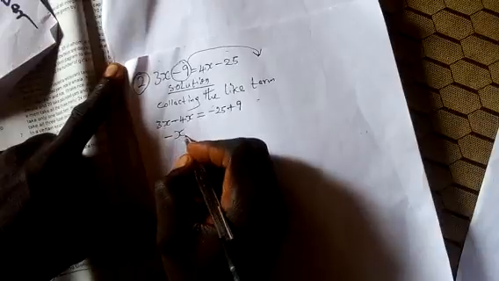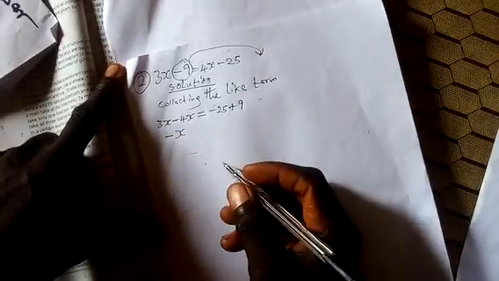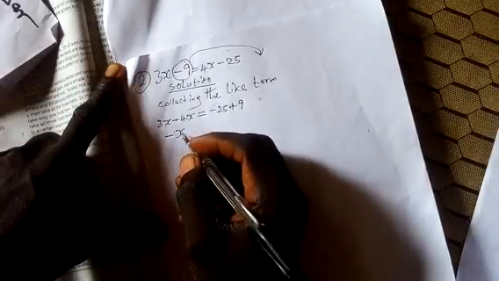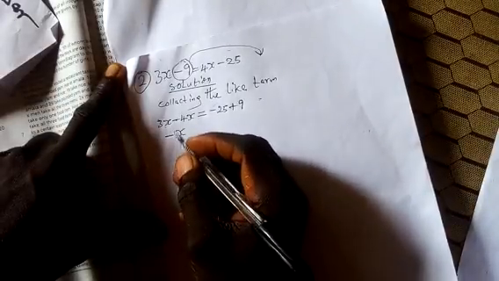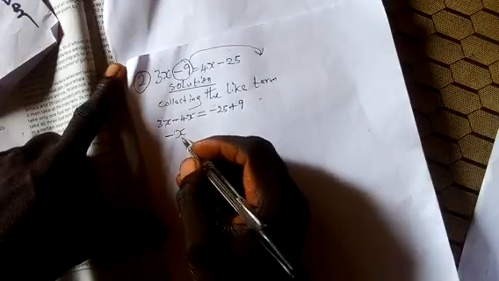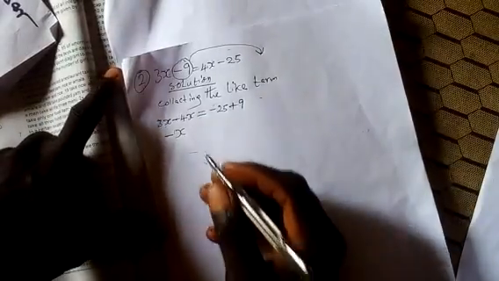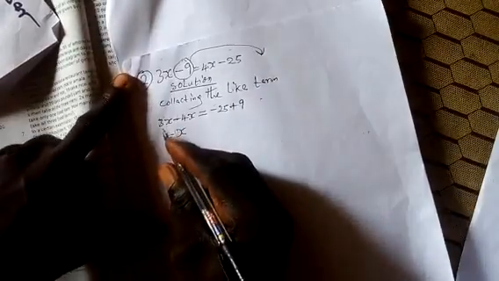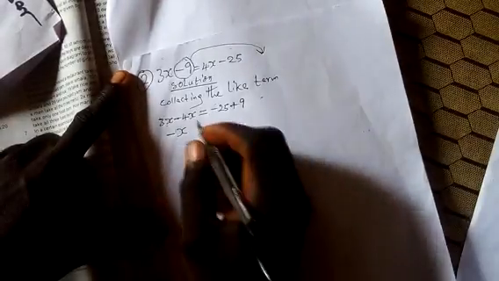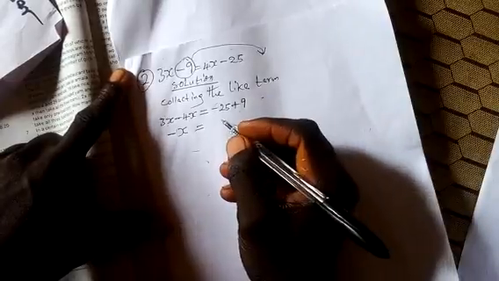So we have minus x, which is minus 1x, but we don't write 1. Whenever we have minus 1 with a variable, we don't write down 1. Instead, we only write down the variable and indicate the minus sign at the front. So 3x minus 4x will give us minus x, equals to minus 25 plus 9.